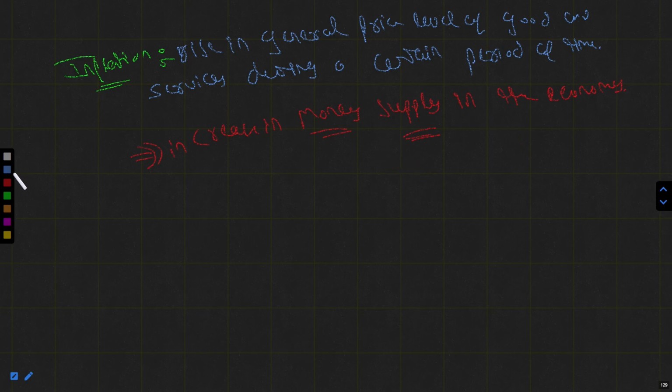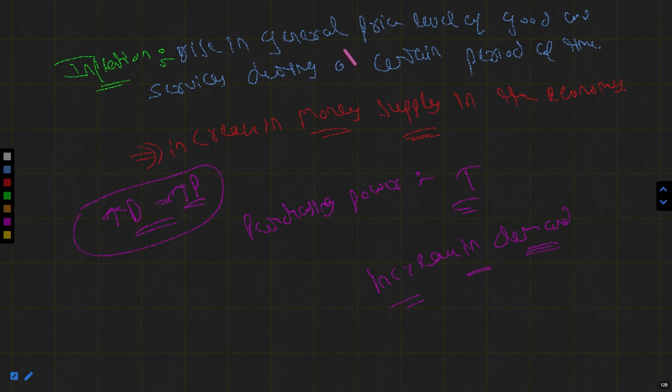It means that the purchasing power of the people will increase. When this happens, there will be an increase in demand. And what we have learned is that if there is an increase in demand, there will be an increase in price. That's what we had discussed already. So when the demand rises, the price rises, and that's inflation.